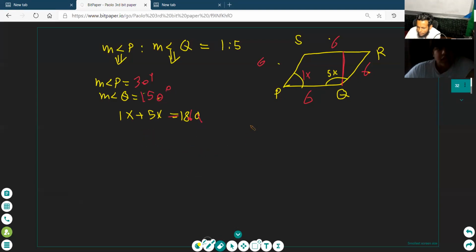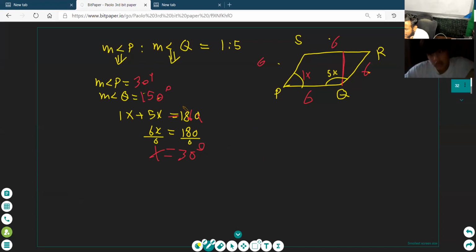First add them to find x. What is the answer of 5x plus 1x? Right, 6x is equal to 180 degrees. Yes, divide on both sides. You divide 180 by 6. Okay, good. Write the angles here.